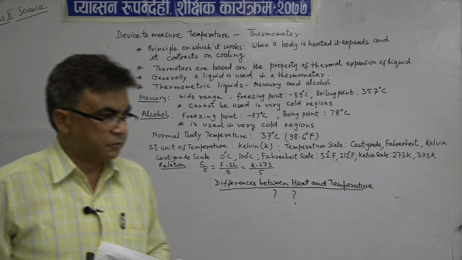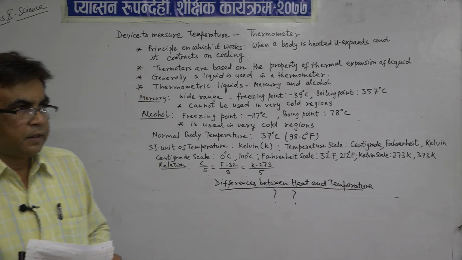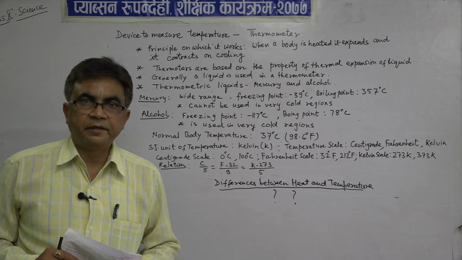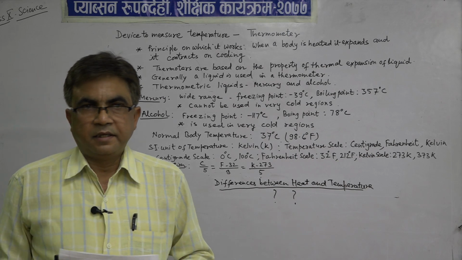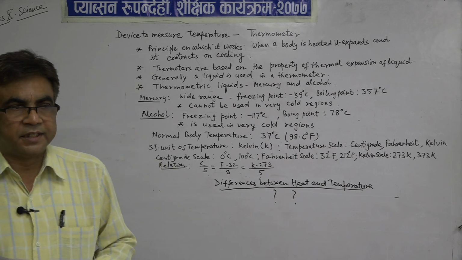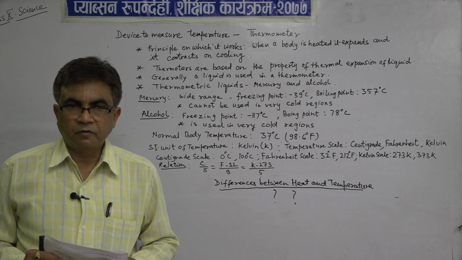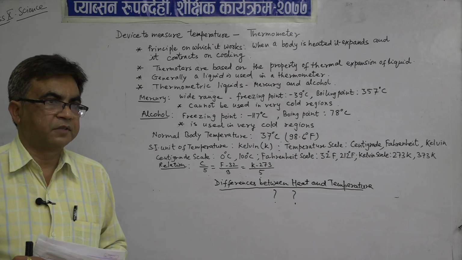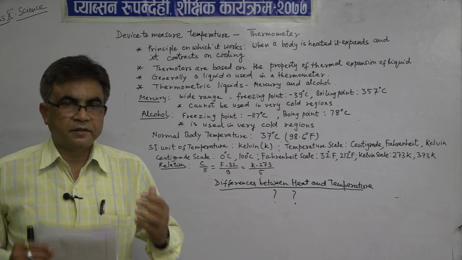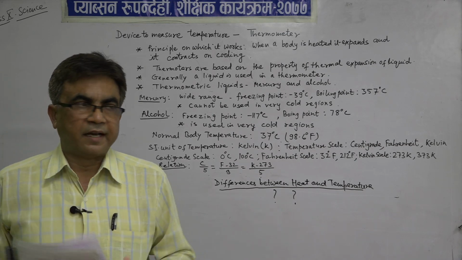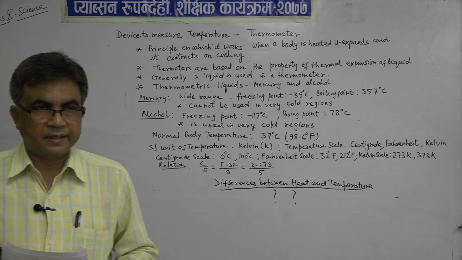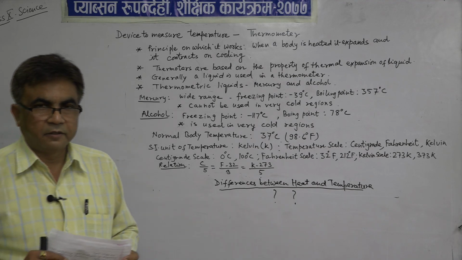And we have come to know that the SI unit of heat is the joule. Calorie is also a unit which is mostly used. What is 1 calorie of heat? The heat required to increase the temperature of 1 gram of water by 1 degree centigrade is called 1 calorie of heat.